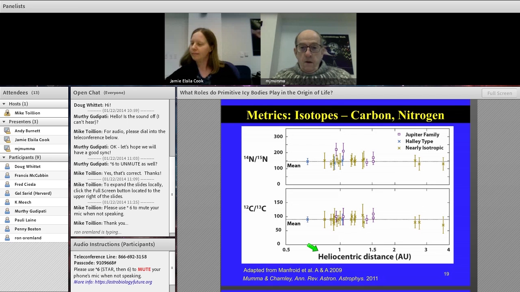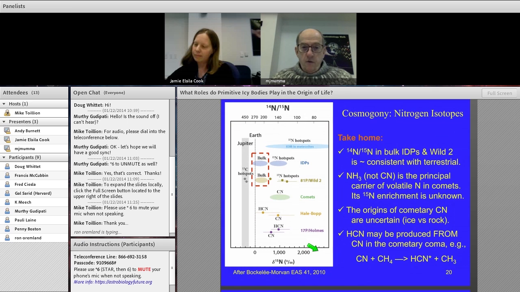Yep. All right, so enough said about carbon and nitrogen. I do want to caution people about accepting the values at face value. For example, these check marks on the right compare some issues. The bulk IDPs in Build 2 and 1415 are consistent with terrestrial.